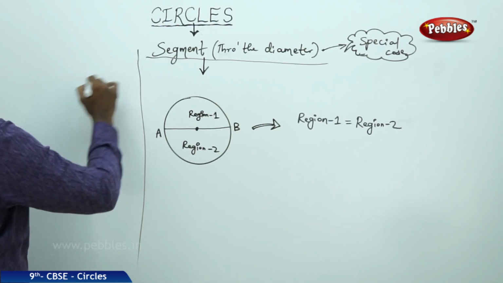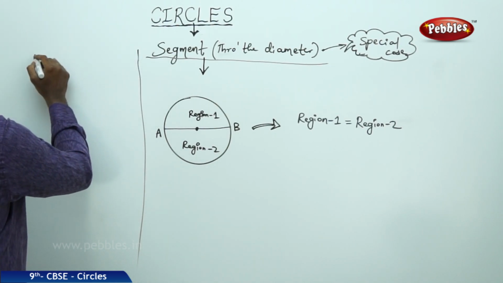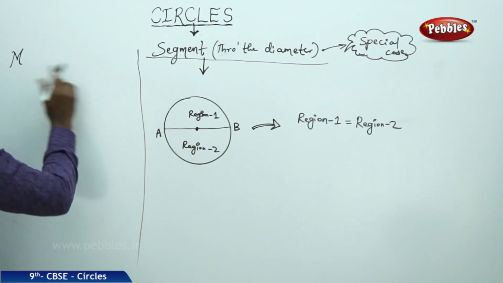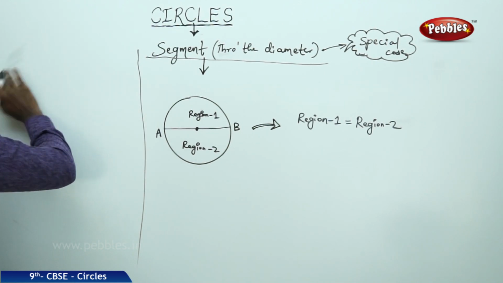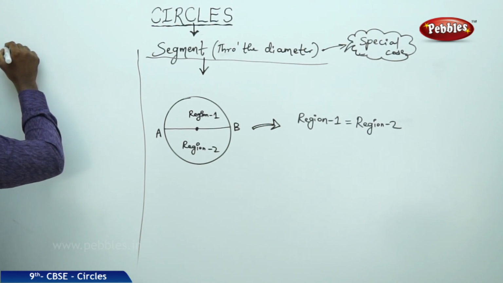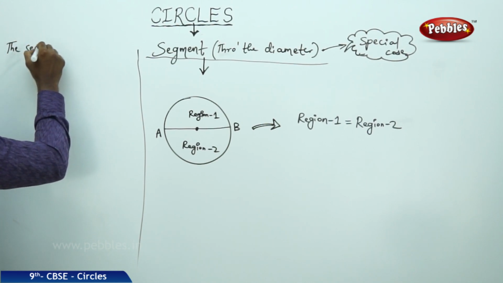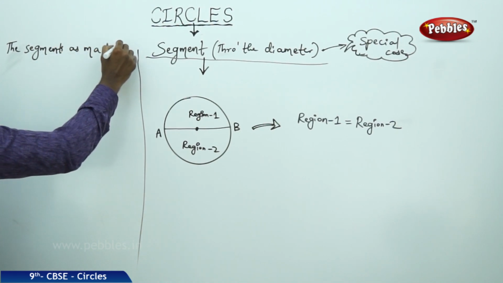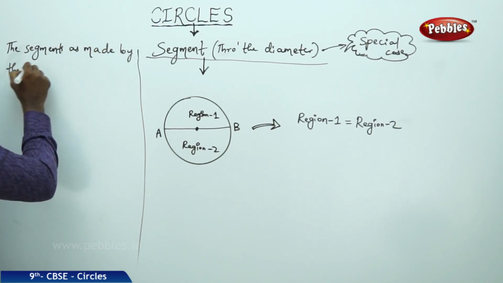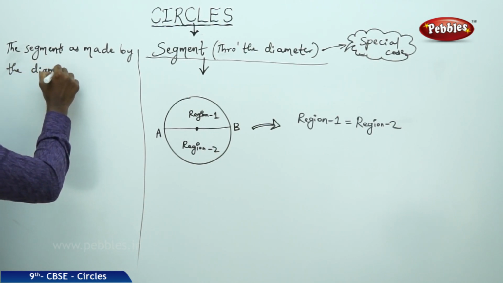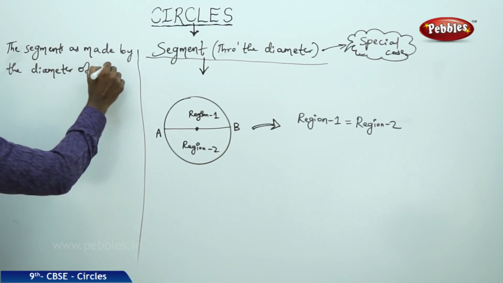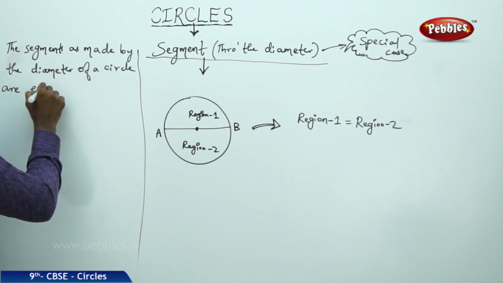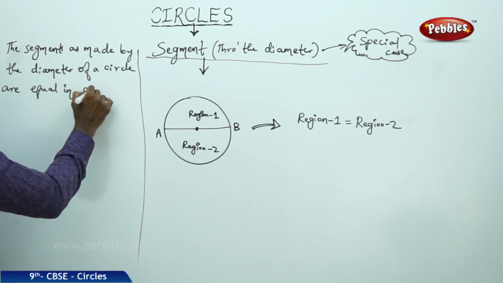Therefore, I conclude that the two segments are equal. The segments as made by the diameter of a circle are equal in area.